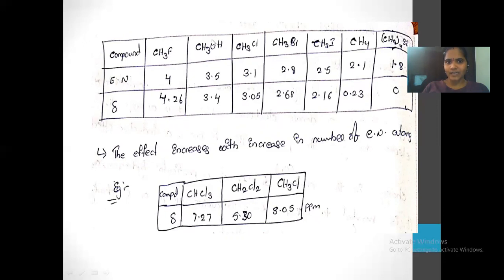If it is bonded with OH, it gives a delta value of 3.4. If it is chlorine, whose electronegativity is 3.1, it gives a delta value of 3.05. As the electronegativity reduces, the electron withdrawing capacity also reduces, so obviously the delta value is also reduced.